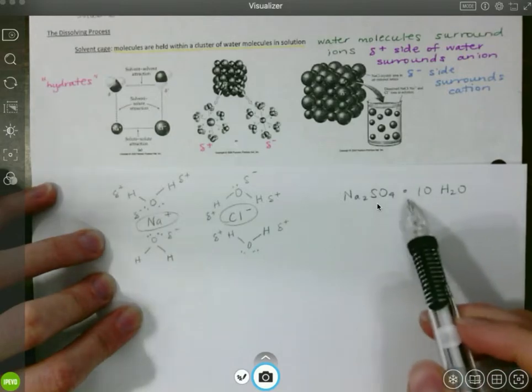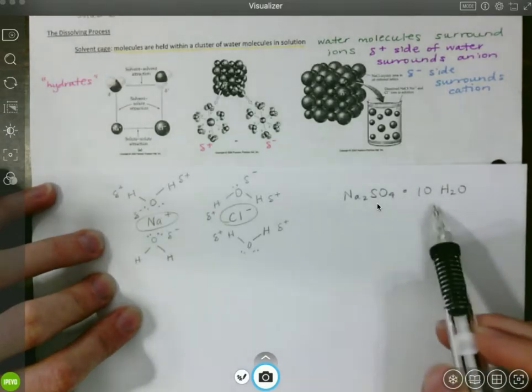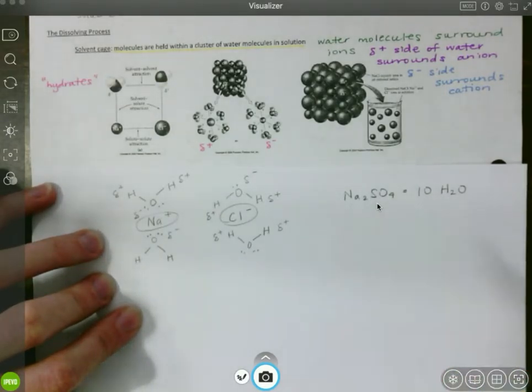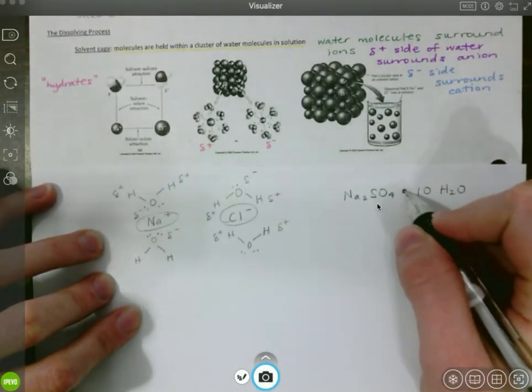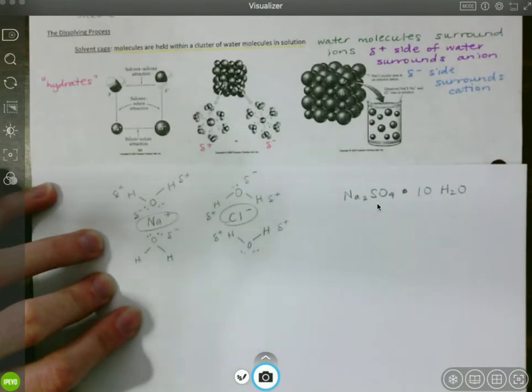This means that 10 water molecules are surrounding that molecule. So we call these hydrates. We got water attached or water surrounding, especially in solutions. Do we see this?